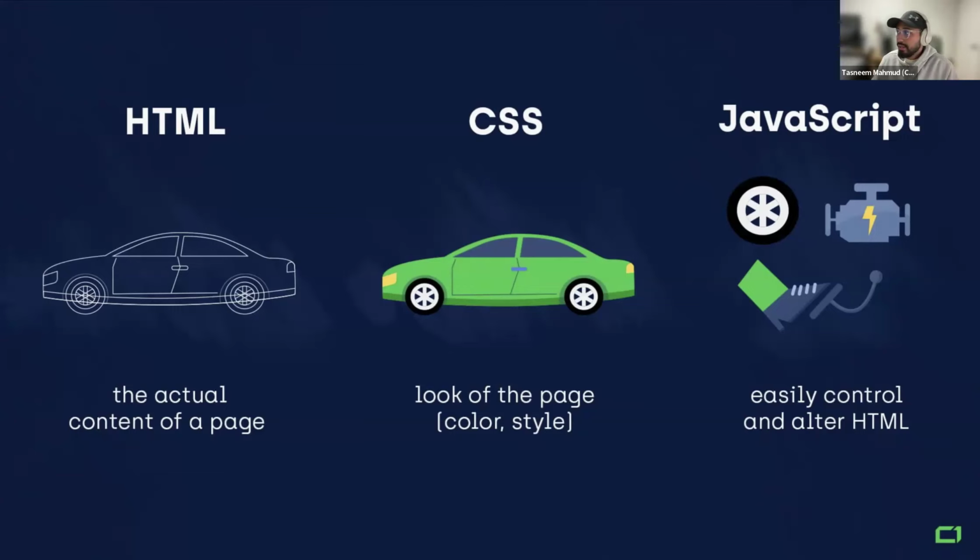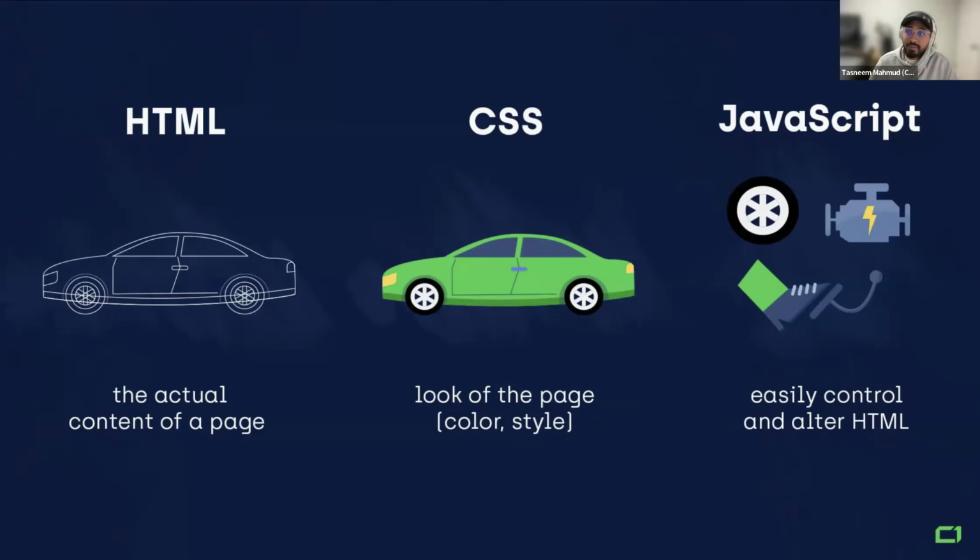For example, say button clicks, or going from one page to another, then maybe some kind of animation. There could be a countdown timer on your website. A lot of different possibilities, a lot of different websites that can be made.